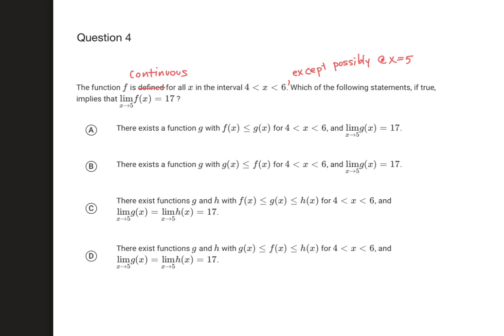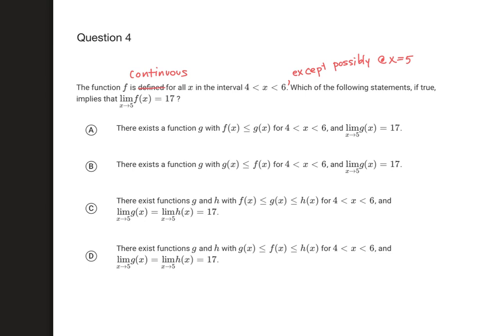So, okay, let's look at C and D down below. Not always, but a lot of times when you see a triple inequality like this, especially if they're less than or equal to, then you're going to use the squeeze theorem.